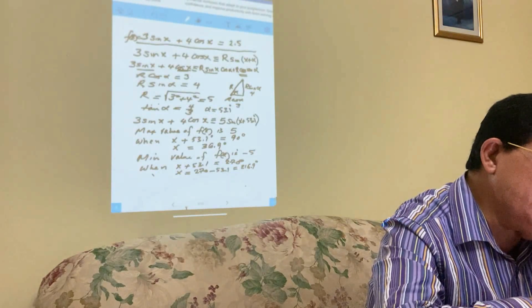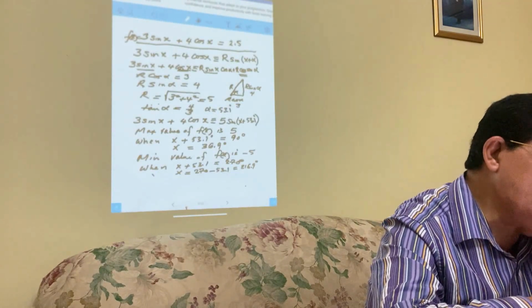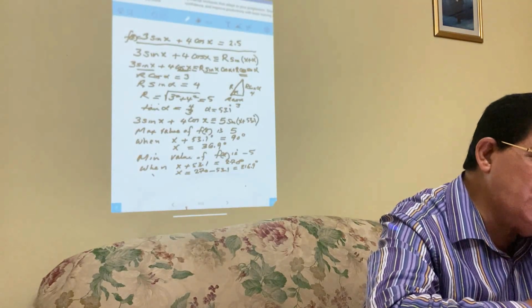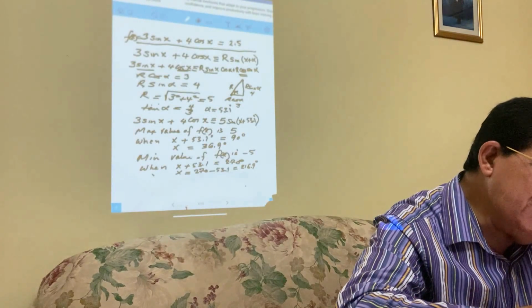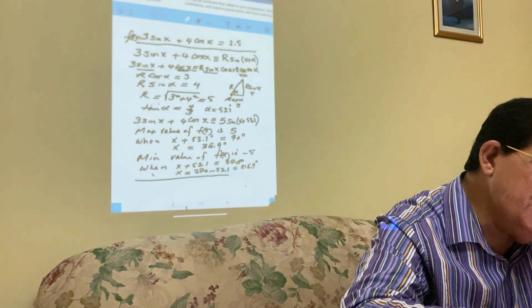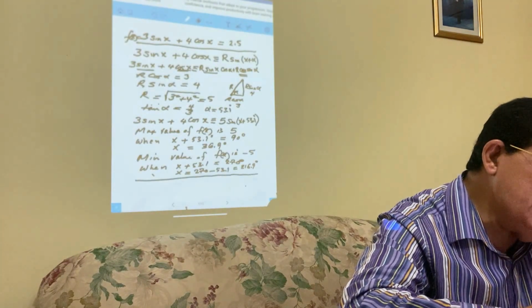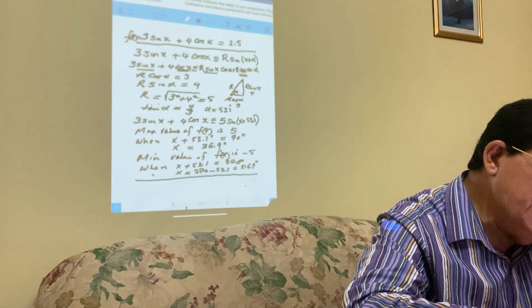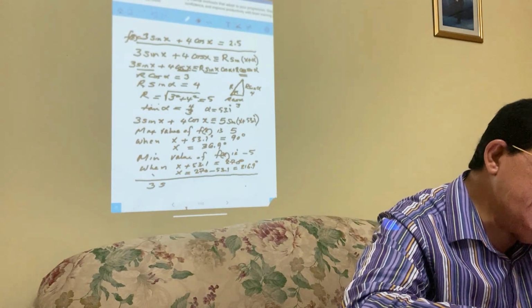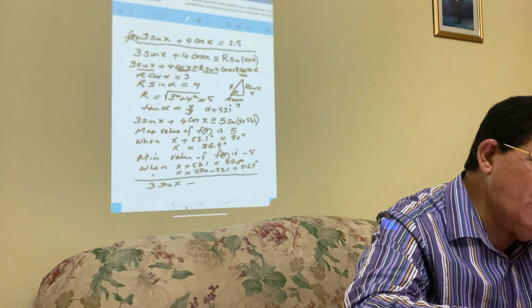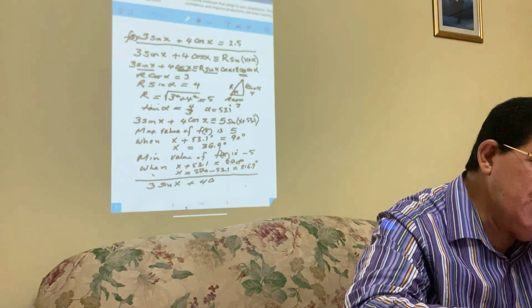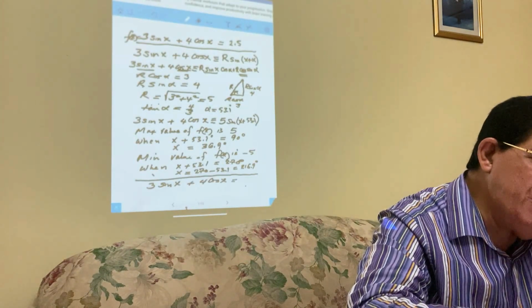Not just this. Now we can answer the question at the top. What is that question at the top? It is to solve the equation 3 sine x plus 4 cosine x equal 2.5, which we couldn't solve before.